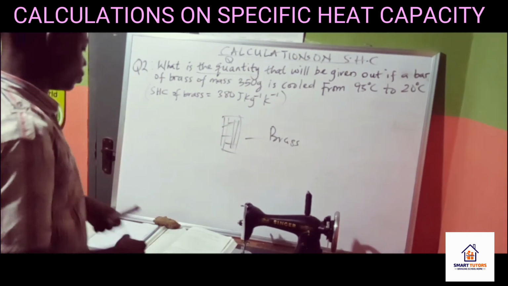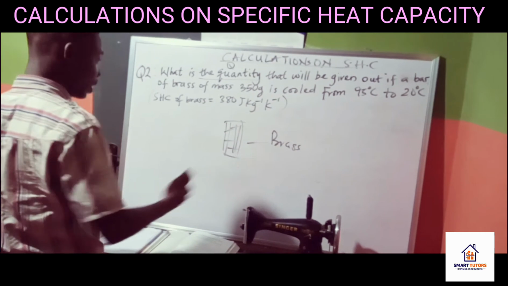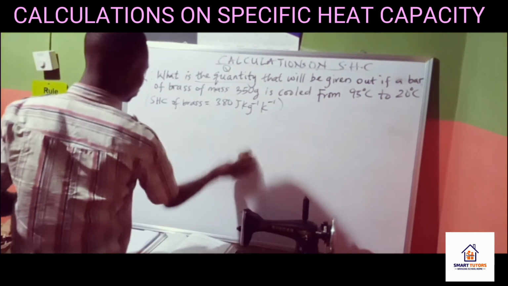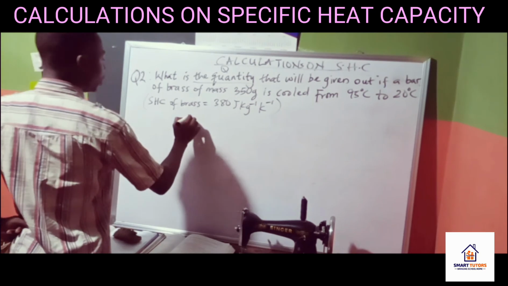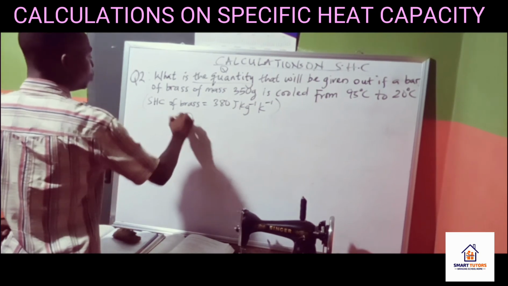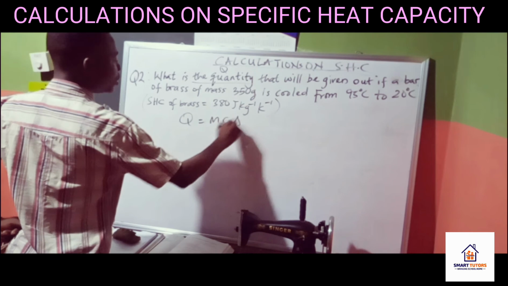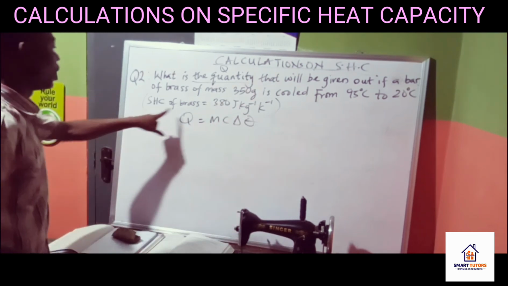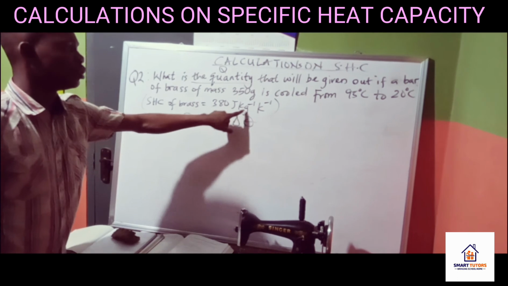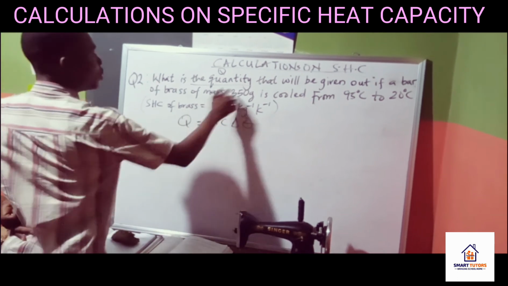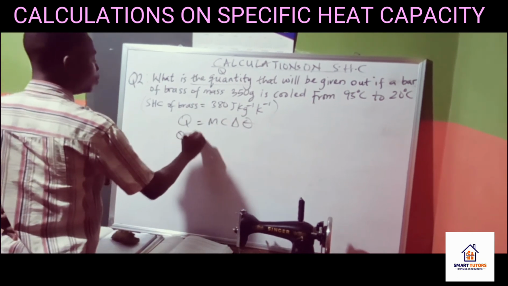You can solve this by using the equation Q equals MC change in theta. We are given the specific heat capacity of brass as 380 joules per kilogram per Kelvin. Q is unknown.